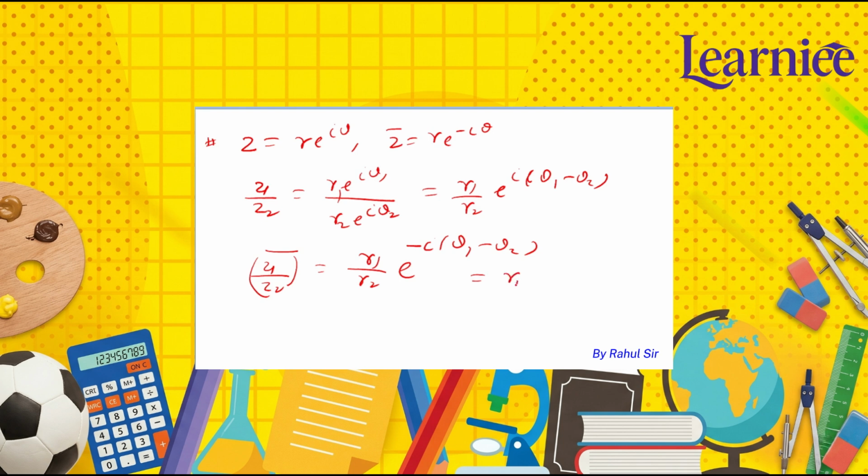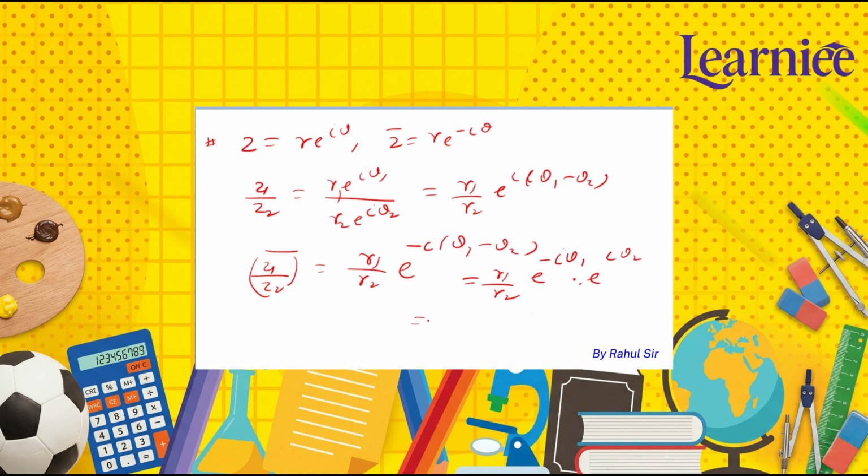So we can write it like this: r1 upon r2 e to the power minus i theta 1 into e to the power i theta 2.